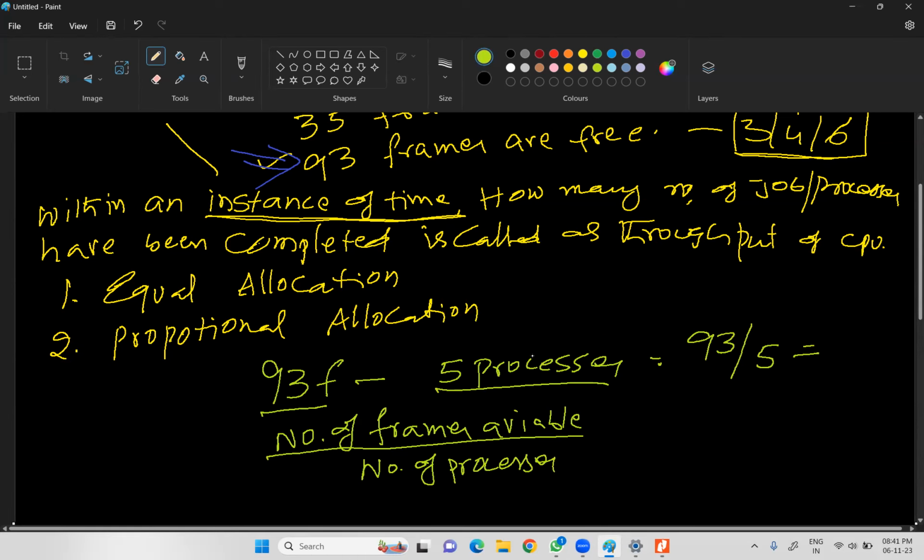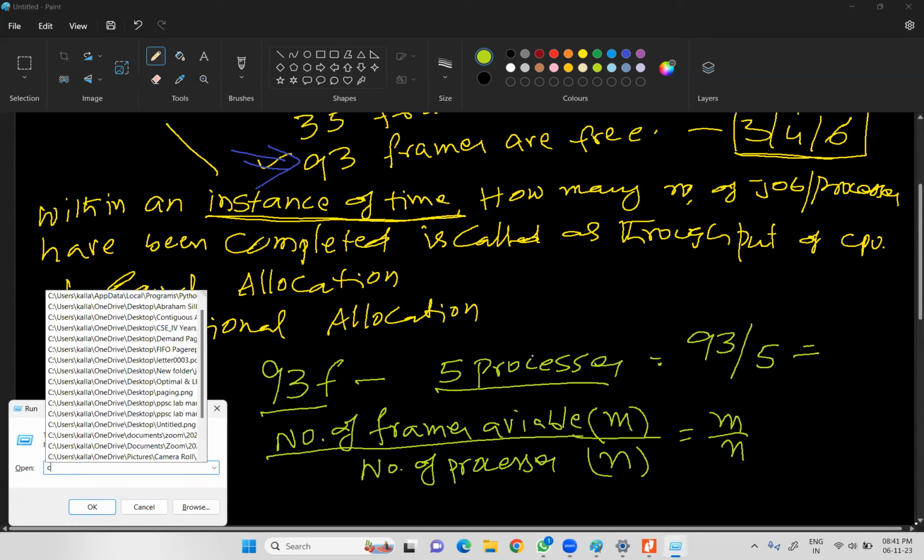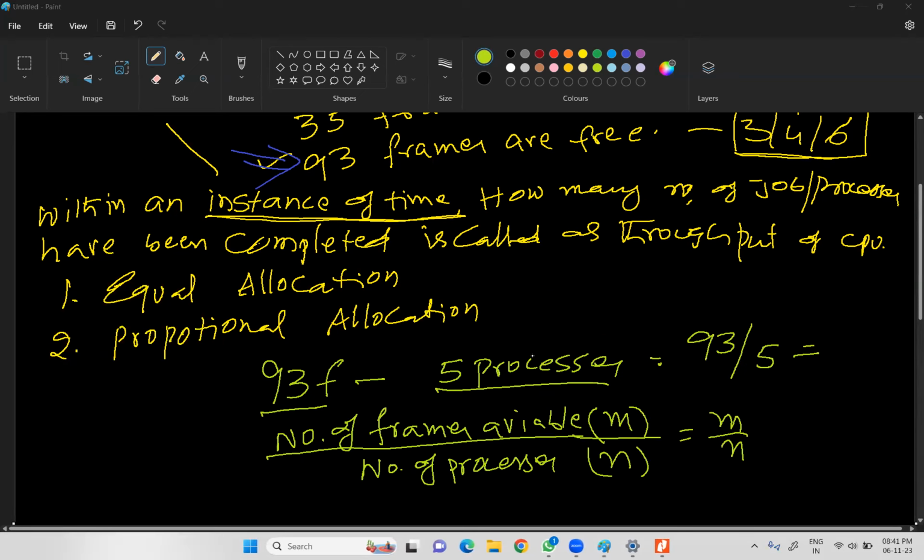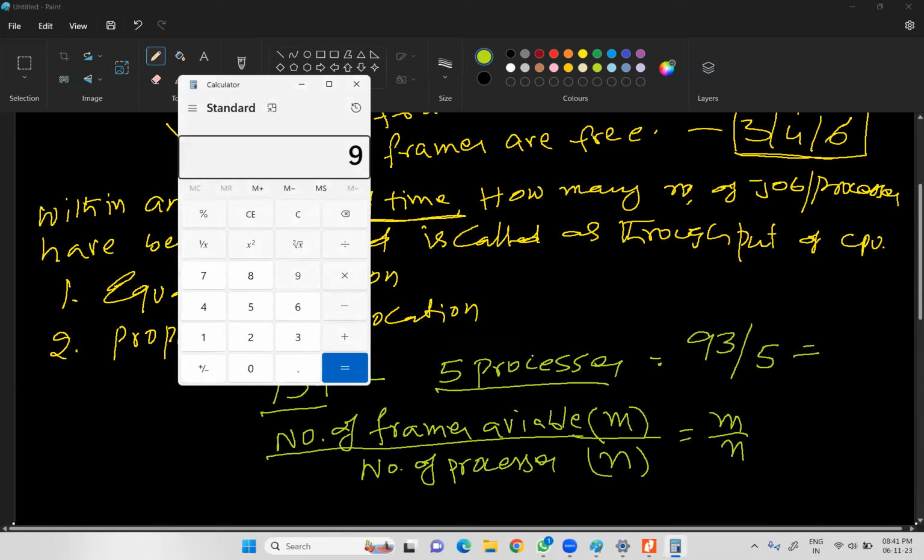If m frames are there and n processes are there, then m divided by n will be the value. Let me open calc for a while. 93 divided by 5 gives you 18.6.